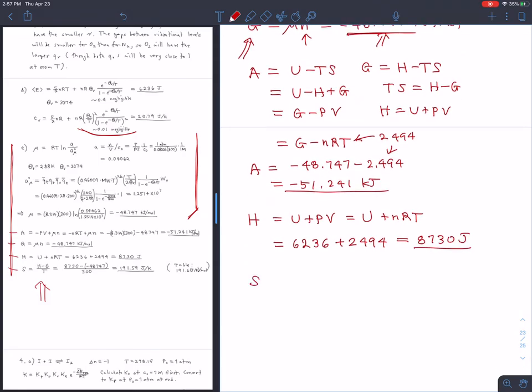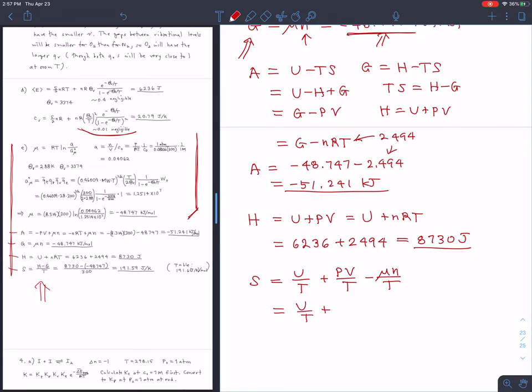And finally, the entropy. We have that, let's use G. G is equal to H minus Ts. We could do this with A too, or other ways for that matter. Well, actually, let's do it another way. We could use G, but let's do it this way. Using the standard Euler formula, we now have all the quantities we need. S is equal to U over T plus PV over T minus mu N over T. That's the standard Euler formula. And we have everything now, right?